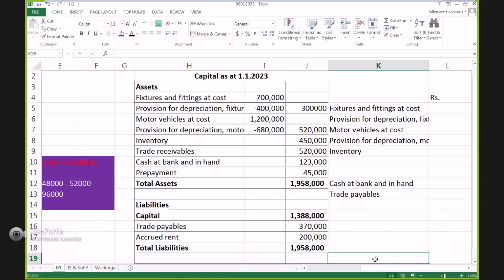One million 388,000. So this is the capital. So the capital amount 1,388,000.